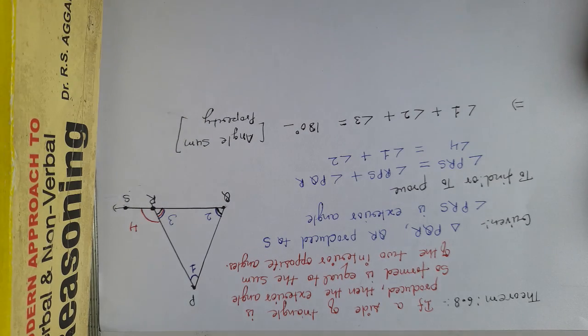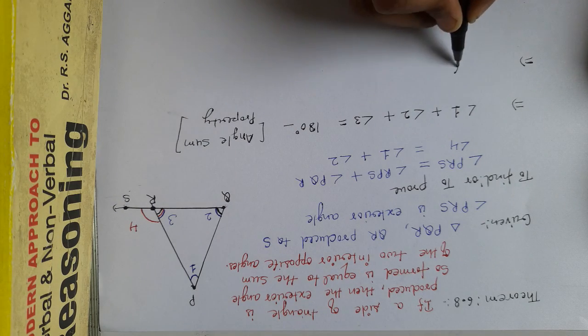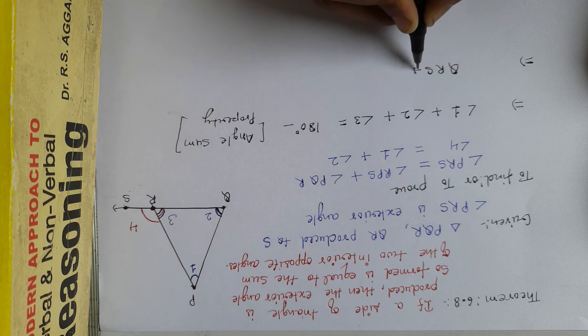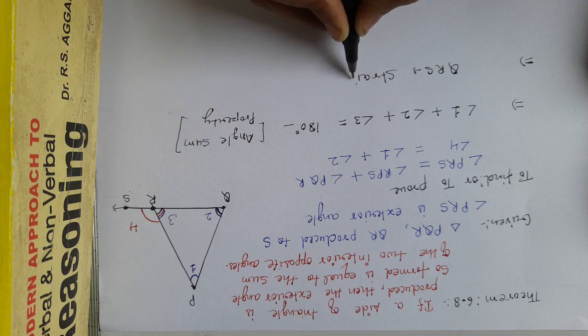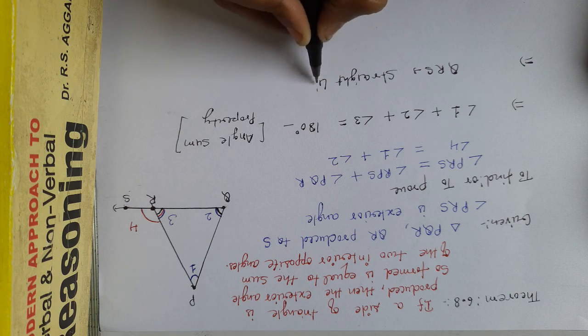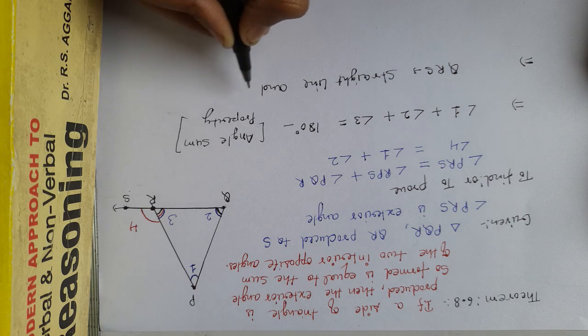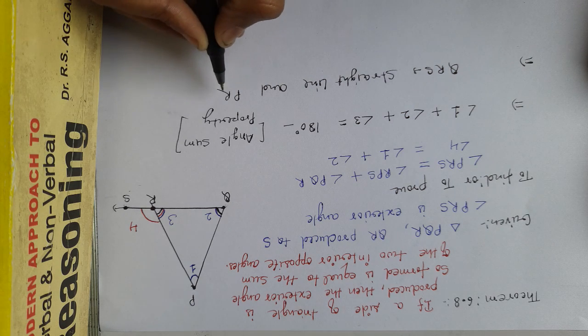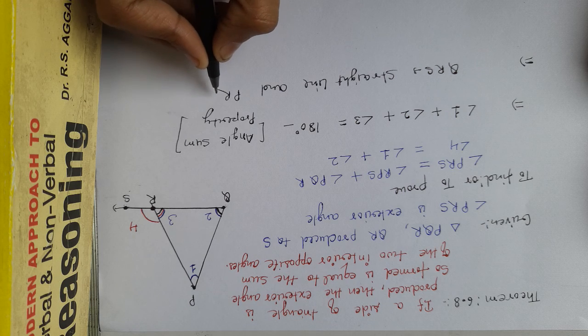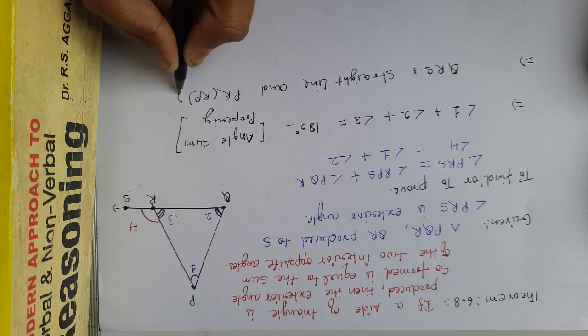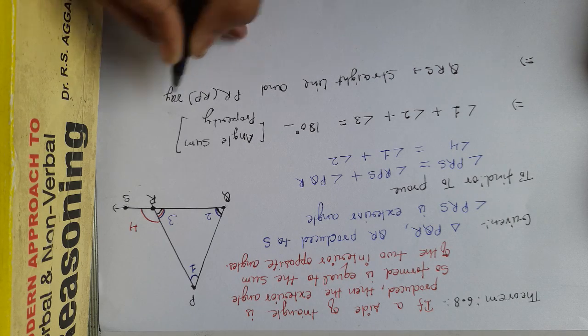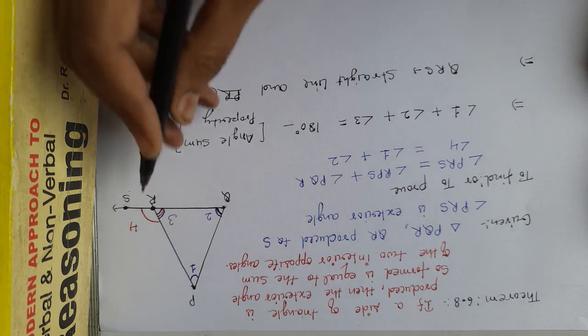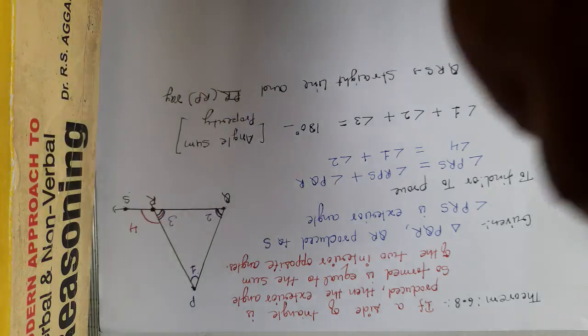And you have to see here, QRS is a straight line. You can write here QRS is a straight line, and RP, you can say PR or RP, is a ray. You can say RP because a ray goes in one side.